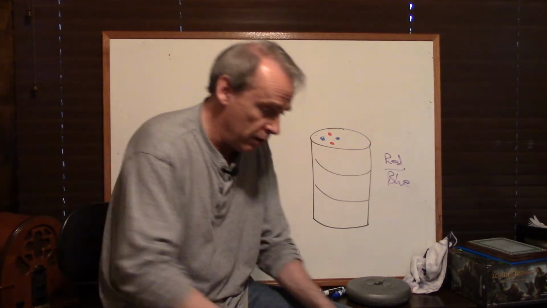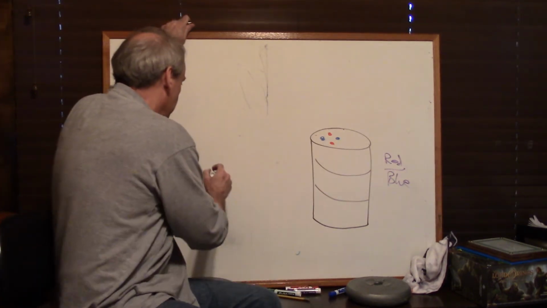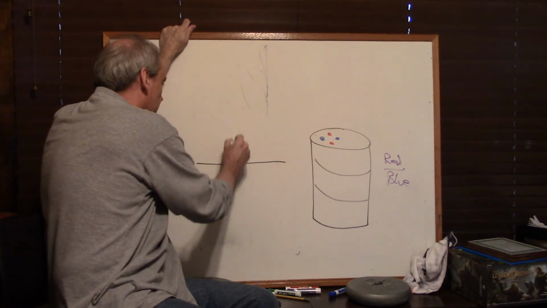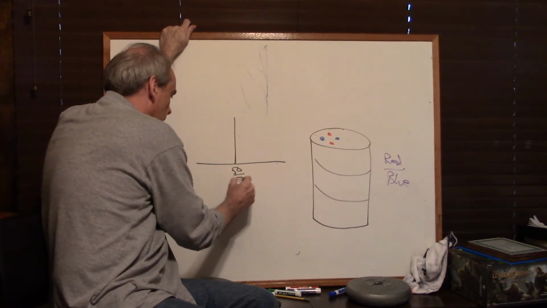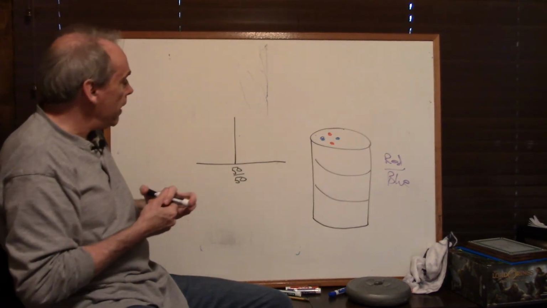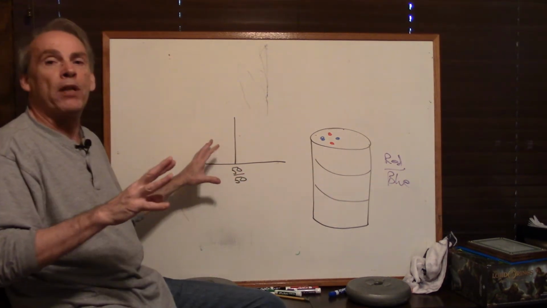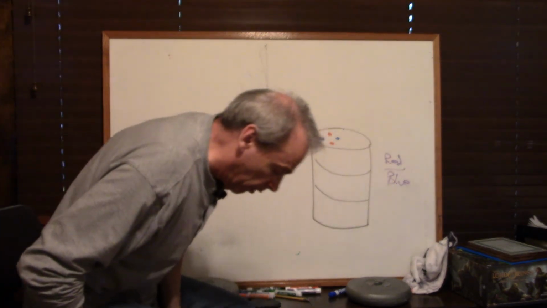We want a method of getting the sample that, on average, gets the right answer. Let's say the ratio of blue to red is 50-50, all right? That's the actual population ratio. That's what's really the ratio inside the big barrel right there.